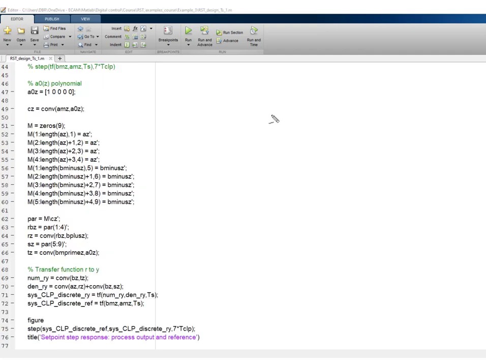The Diophantine equation that we have to solve is A R bar + B⁻ S = Am A0. This is C(z), and it is computed over here. This one is of degree 3, this one of degree 4.